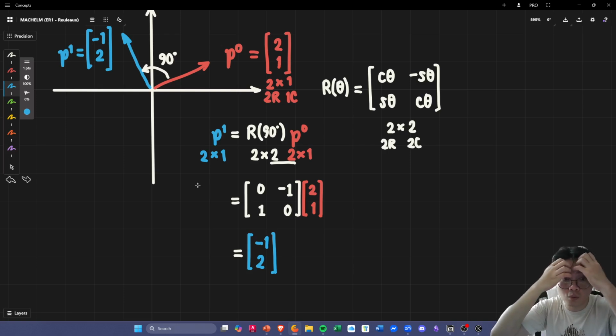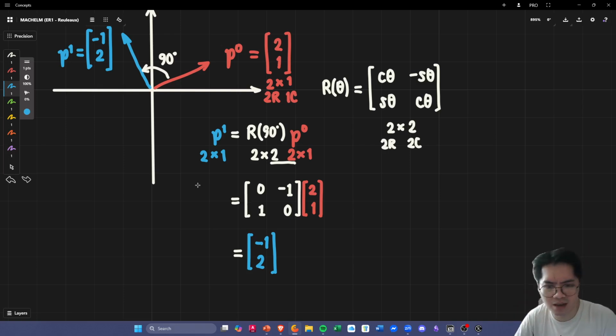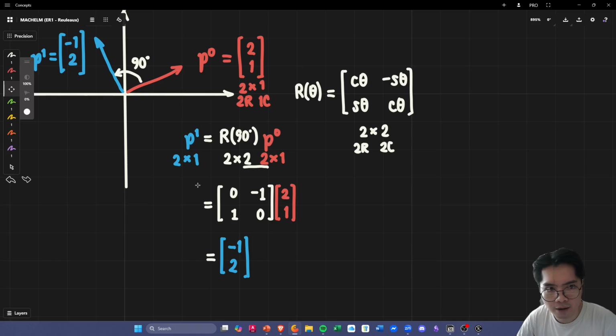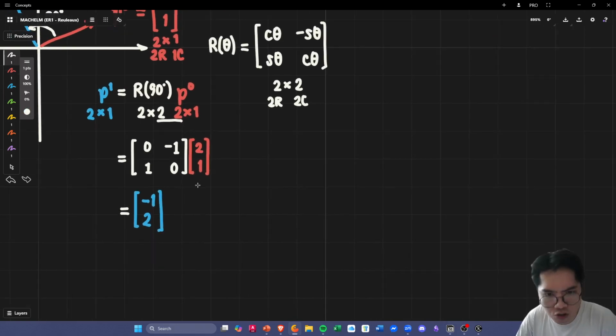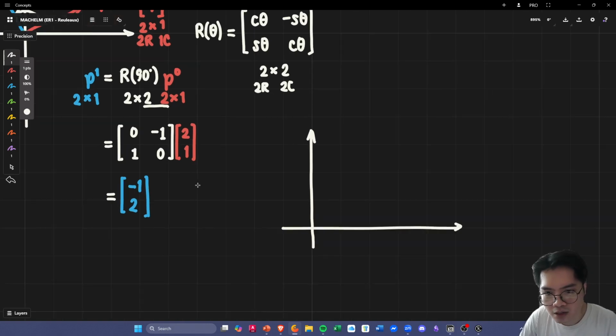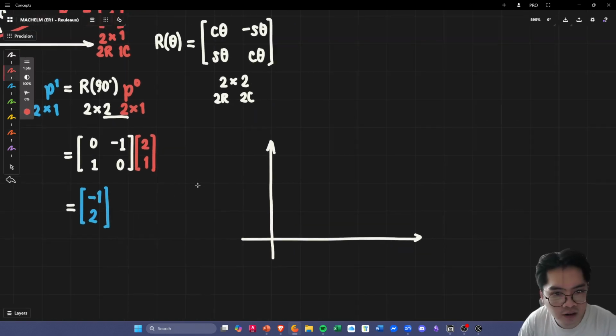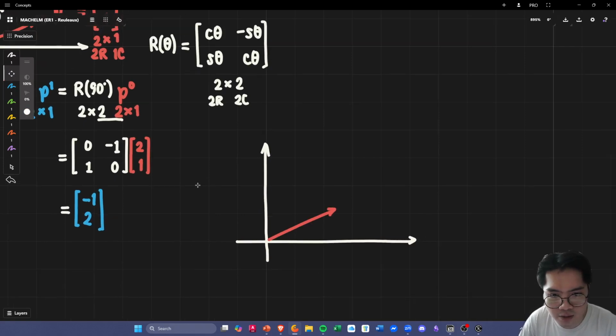So that is how rotation matrices work. If you want, you can try this out for, for example, a 30-degree rotation, and honestly, that should work. Let's try this out again to set the example. Say, for example, we have here 30 degrees, with 1 and square root of 3, and we want to rotate it such that it goes like this.